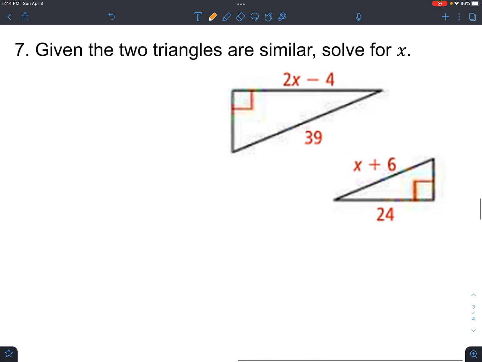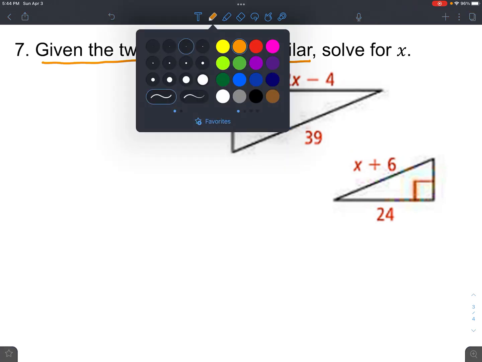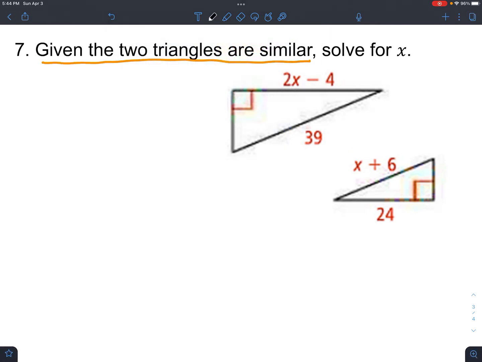All right, and then finally, given the two triangles are similar, solve for x. Again, it's kind of freaking me out a little bit that they're not all the same. So I want to put short leg here and the right angle. So the long leg looks to be 24. Short leg does not have a label.